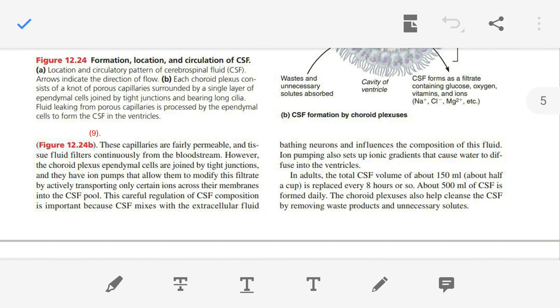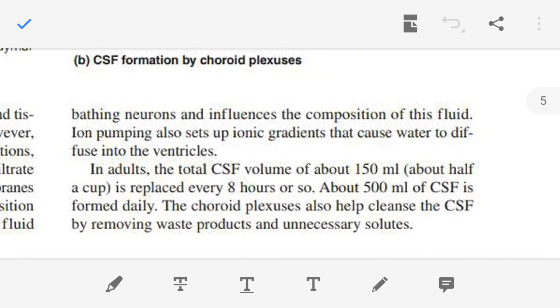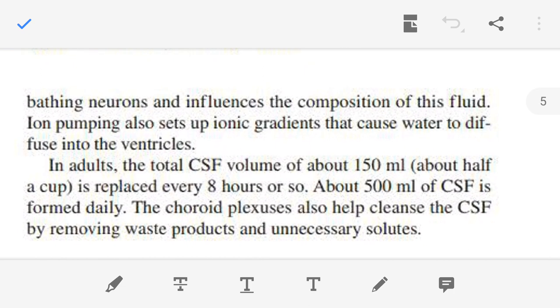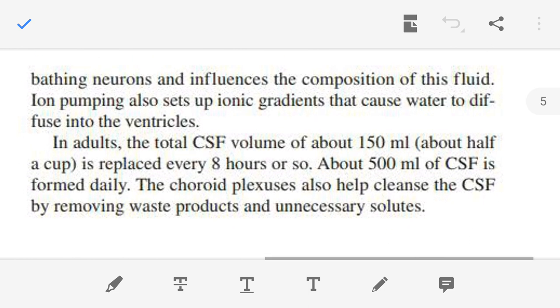These ions enter into the cavity of the ventricle, or we can say these ions are entering into the cerebrospinal fluid. Now as the ions are entering into the ventricle or the CSF, what happened? Water also diffuses from the blood capillary, and water enters into the cavity of the ventricle.